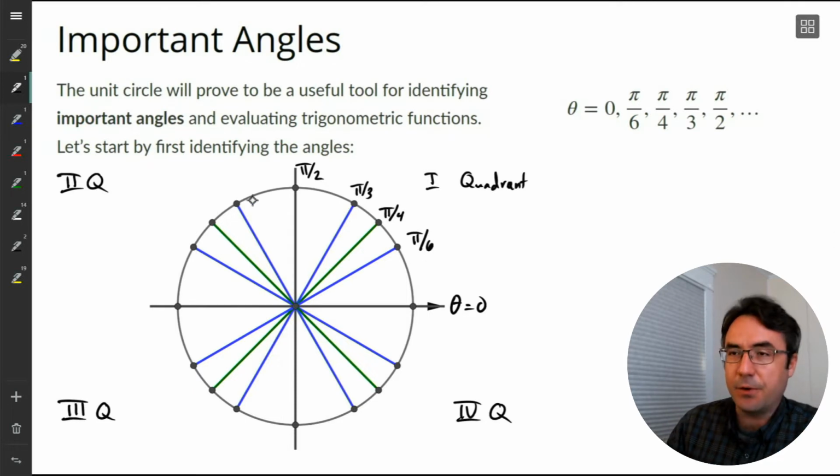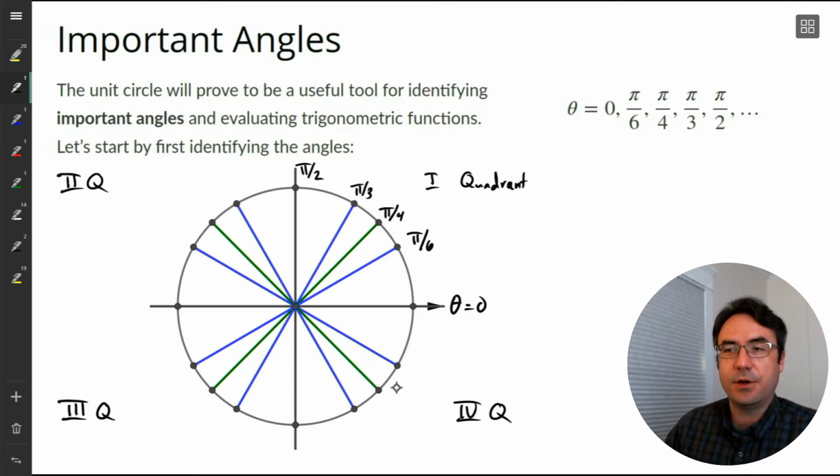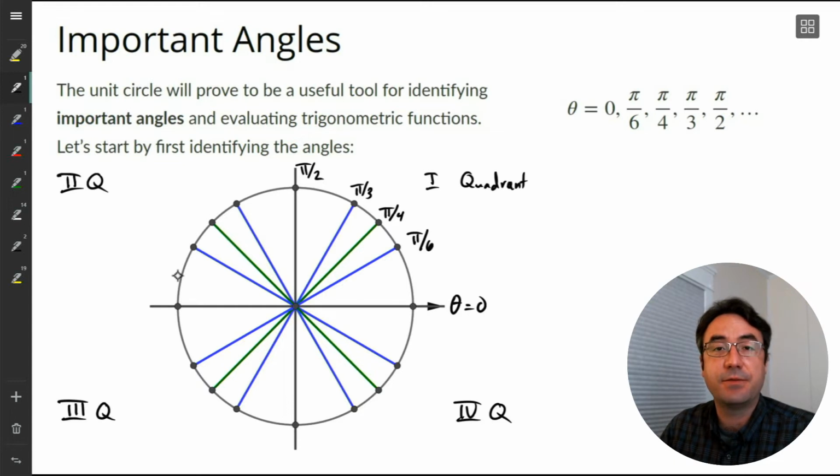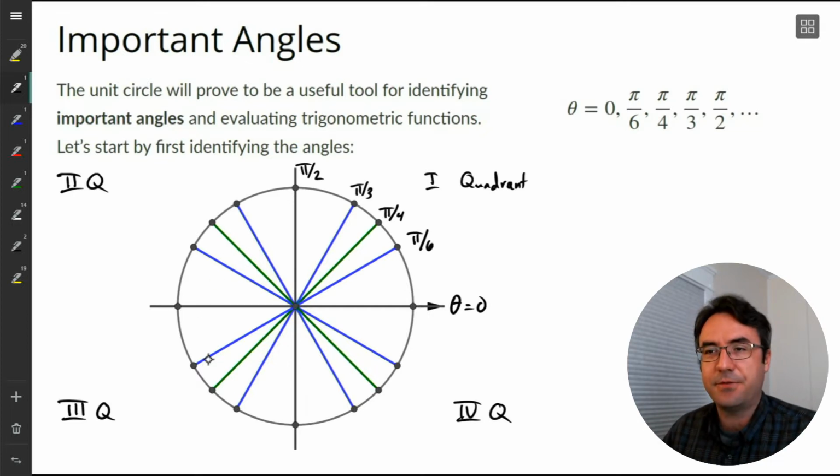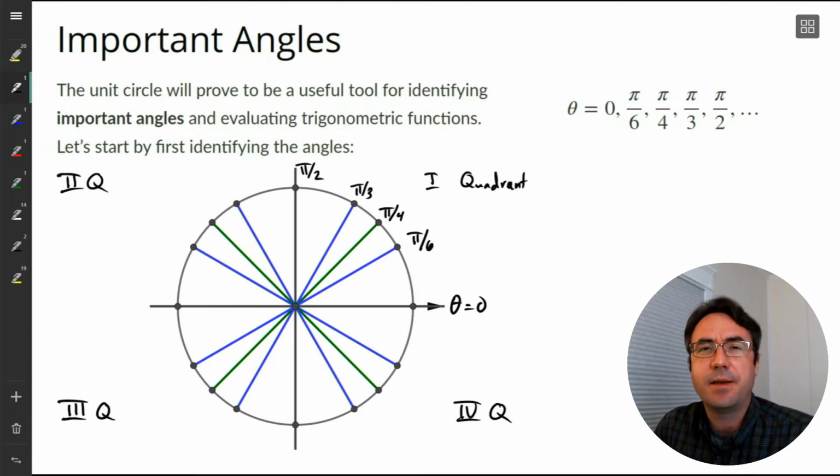And then this keeps going. Essentially each quadrant has some of these important angles. So let's go through and list what they are. And then we'll see how, if you don't necessarily have it memorized, you can figure out what the angle is each time that you're working with a polar coordinate.